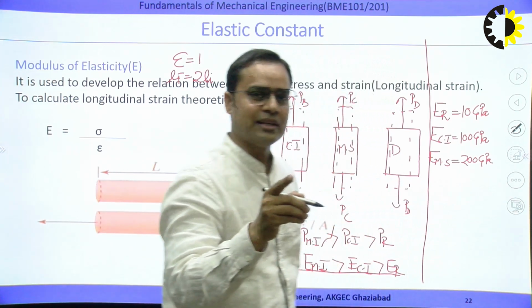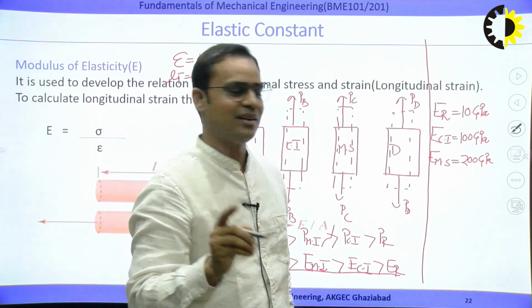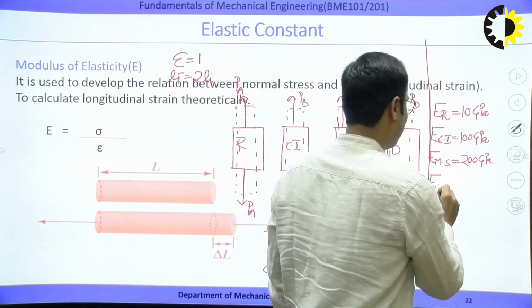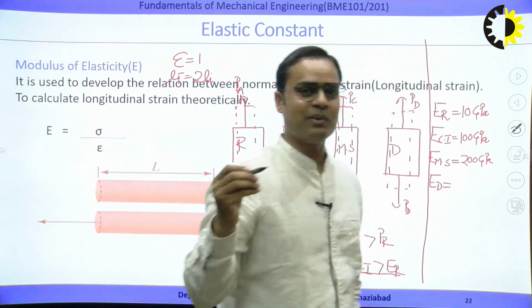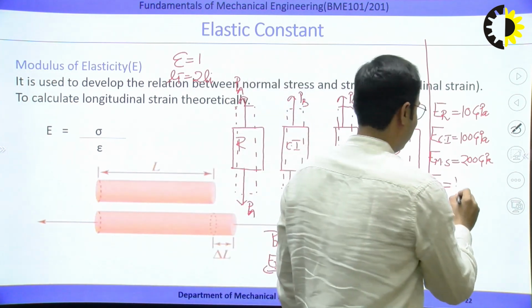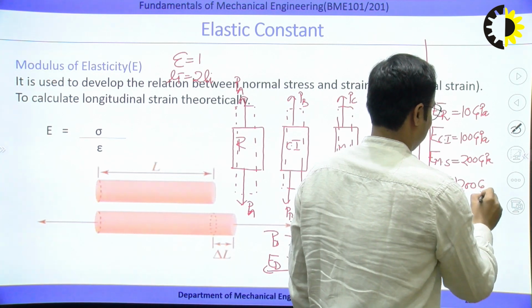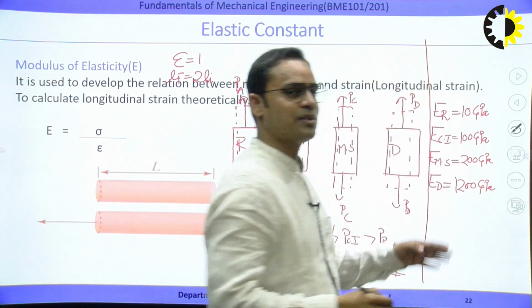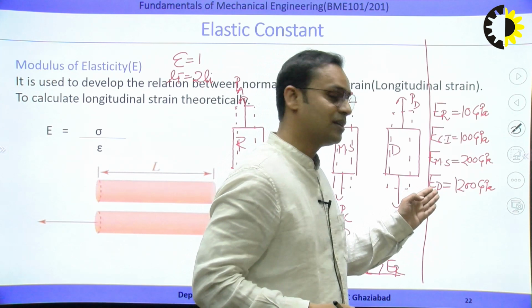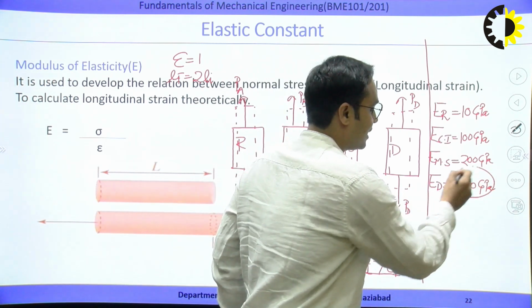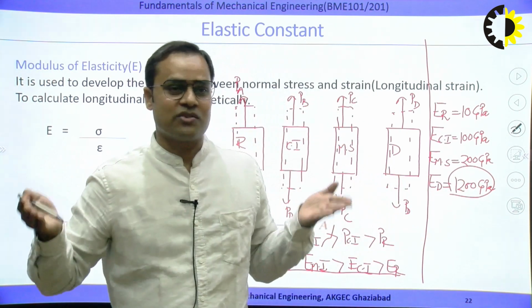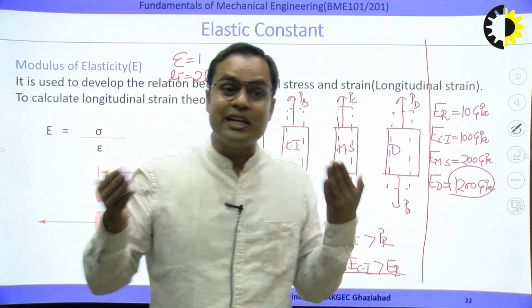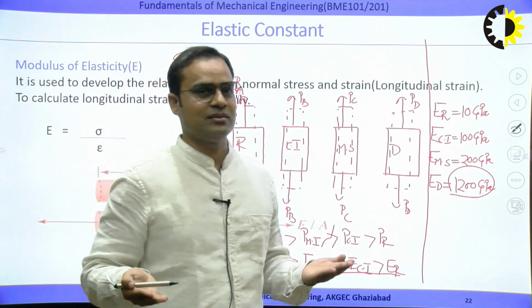Can anyone imagine what is the value of E for diamond? Surprisingly, the value of E for diamond is 1200 gigapascal. So we can also see the value of E means 1200 gigapascal force is required to cause the unitary strain in case of diamond. That's why the diamond is more elastic.